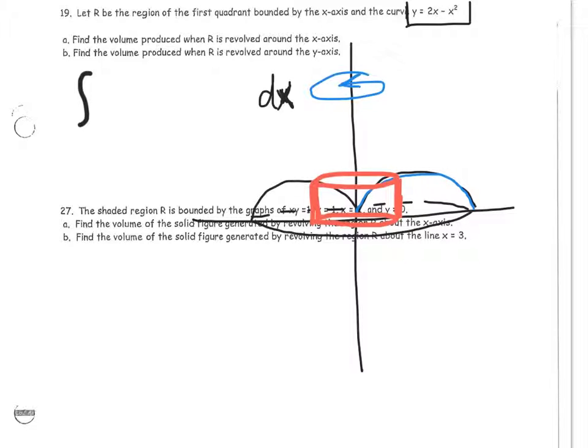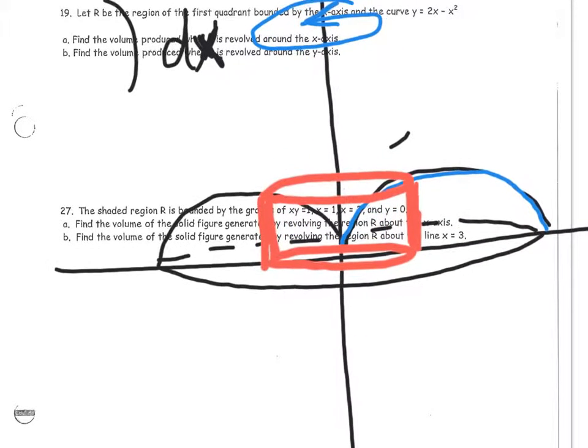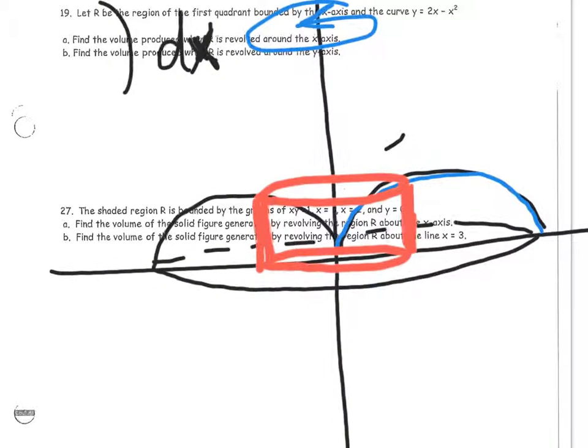So you're thinking 2 pi r times h times thickness. We're going to put a 2 pi out here in front. The radius is x, and then the altitude is the distance from the top to the bottom of the shell. So that should be that function minus 0.